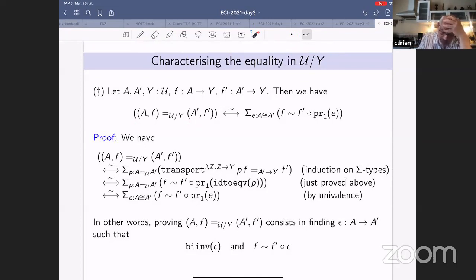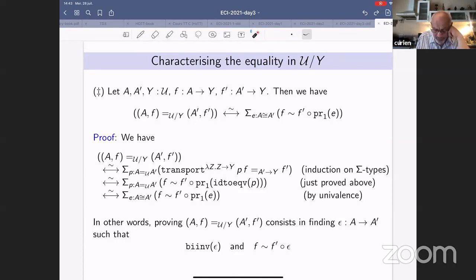So A together with F that goes from capital A to capital Y, and capital A prime together with a function that goes from capital A prime to Y. The theorem tells me that they are equal propositionally if and only if I can show that there is an equivalence between A and A prime, and F can be obtained up to homotopy.